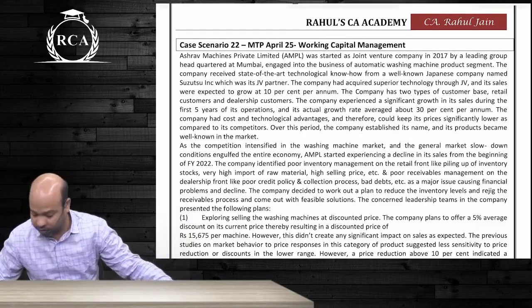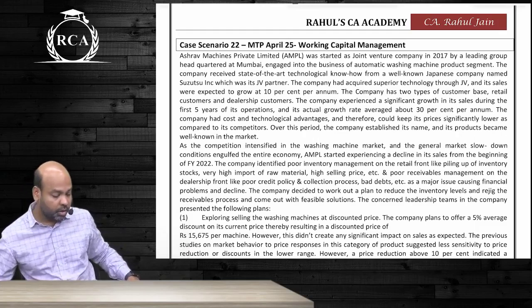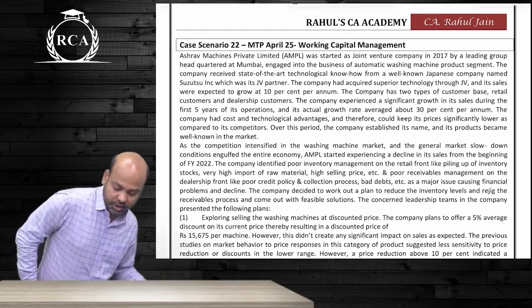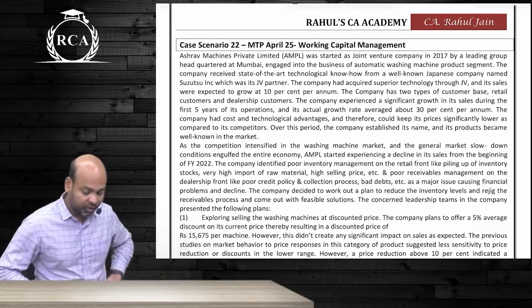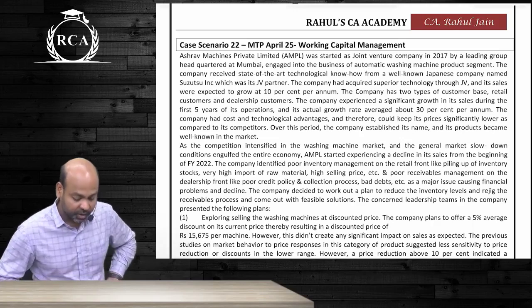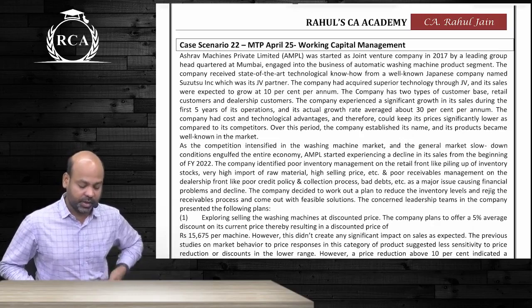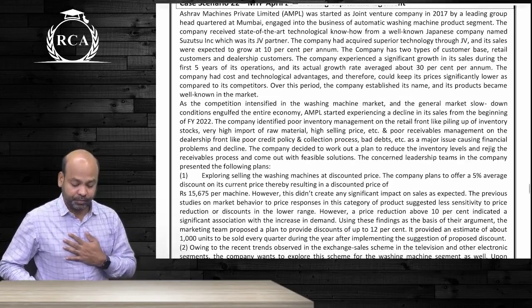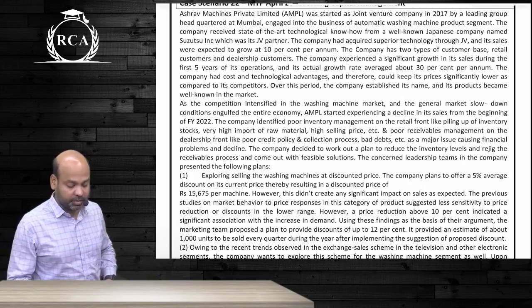Engaged in the business of automatic washing machine product segment. The company received state-of-the-art technological know-how from a well-known Japanese company named Suzutsu Inc., which was its JV partner. The company had acquired superior technology through the JV, and its sales were expected to grow at the rate of 10% per annum. The company has two types of customer base: retail and dealership customers.